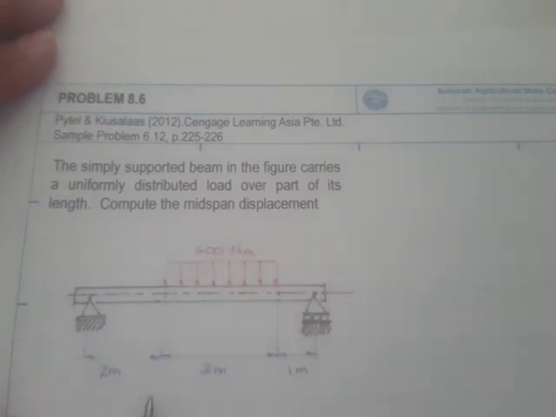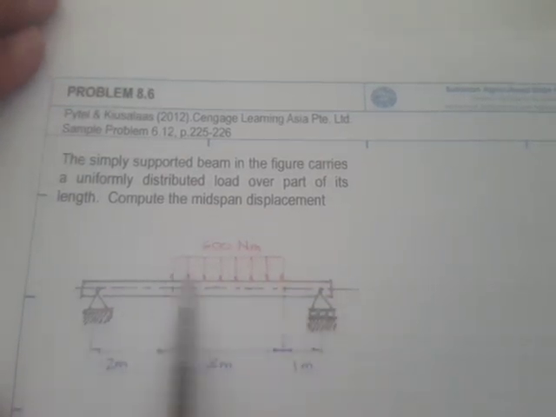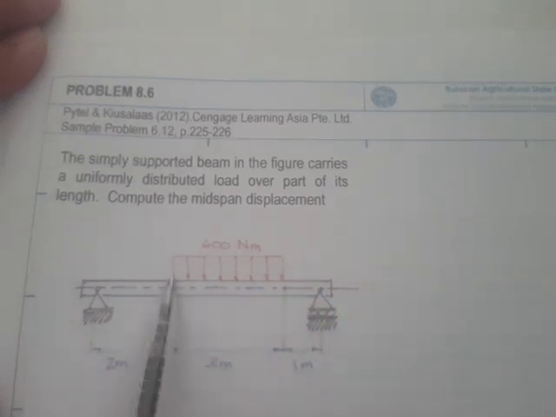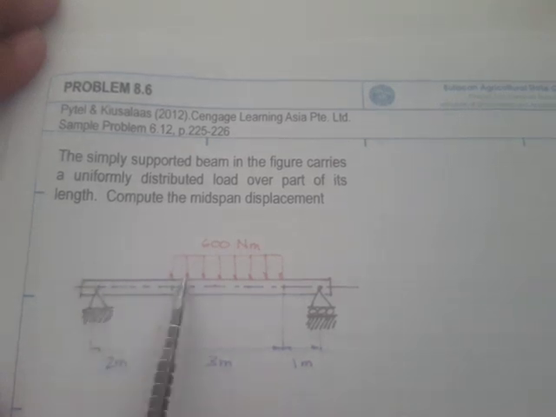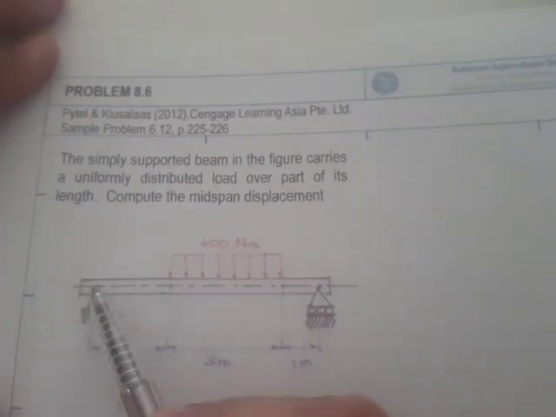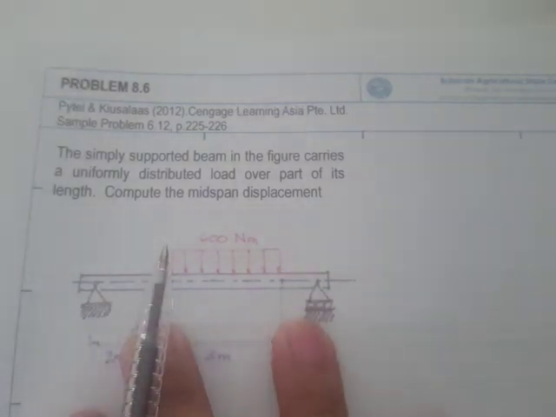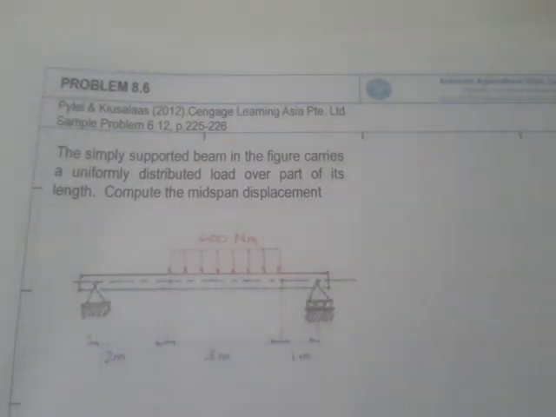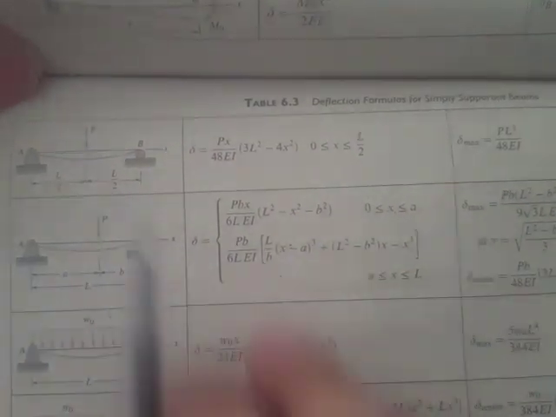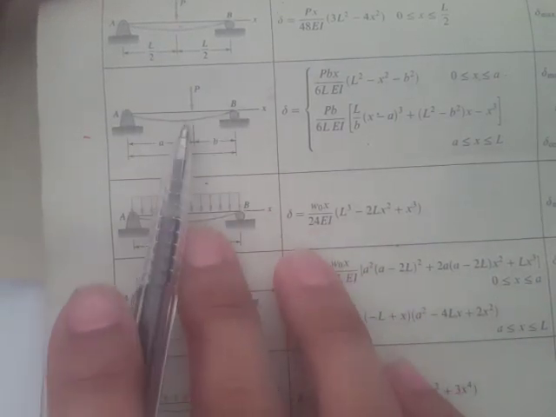Here's the beam conditions. This is a simply supported beam, but the distributed loading is somewhere in between. So one side of this is not touching this end support right here. And we don't have that in the table, because if you check right here, we only have concentrated loads at the midspan, and concentrated loads not at the midspan.